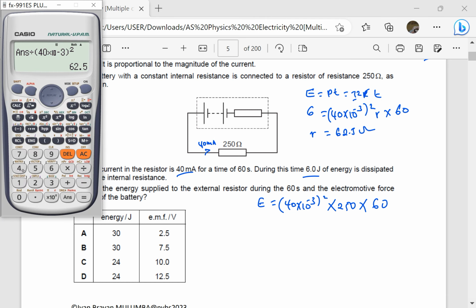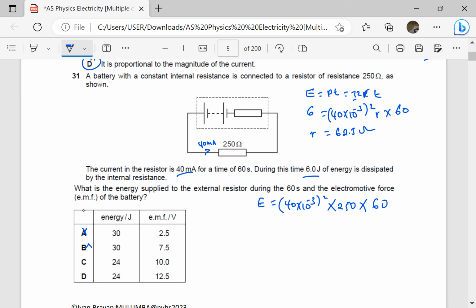So 40 times 10 power negative 3, squared, times 250 times 60 is 24 joules. So we eliminate A and B. So the energy is 24 joules.